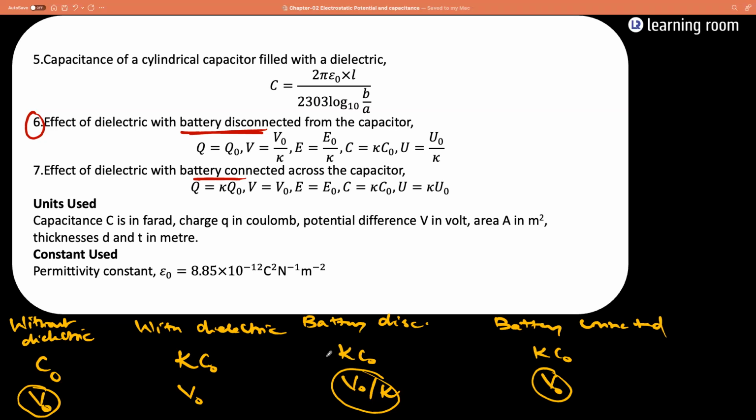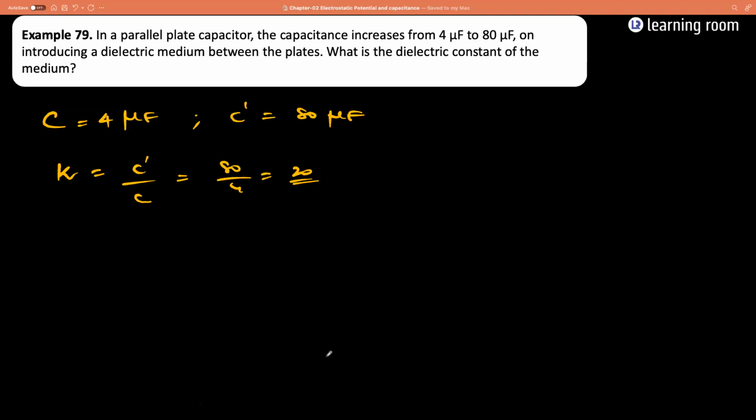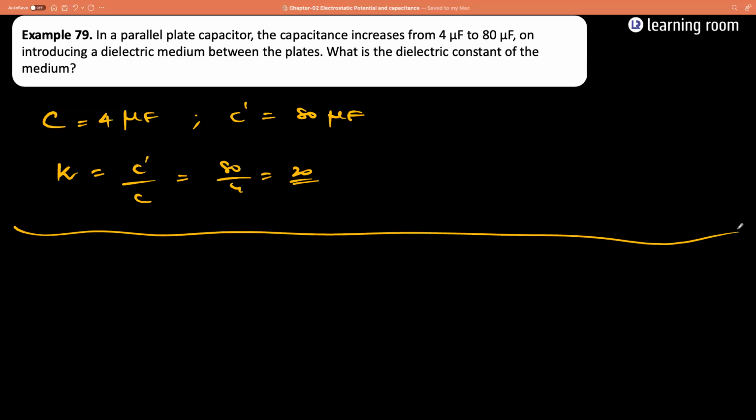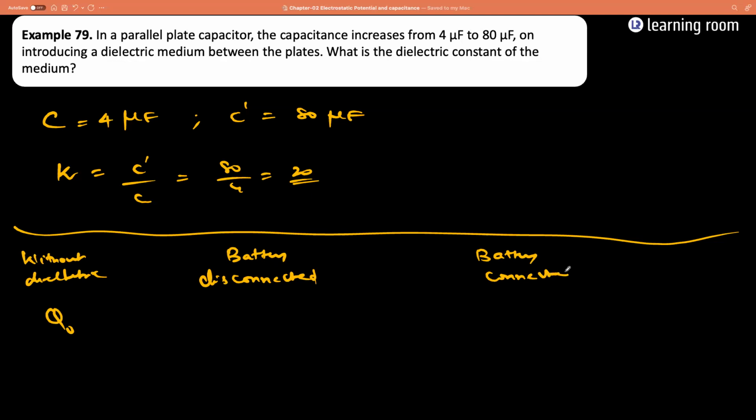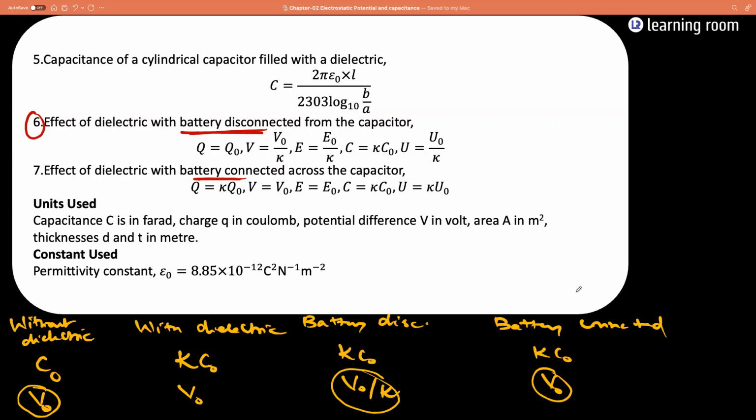The same logic. Since now you know these 2 points, tell me, without dielectric, if the charge is Q naught, then with dielectric, what will happen to the charge when the battery is disconnected and when it is connected? We know that Q is equal to CV.